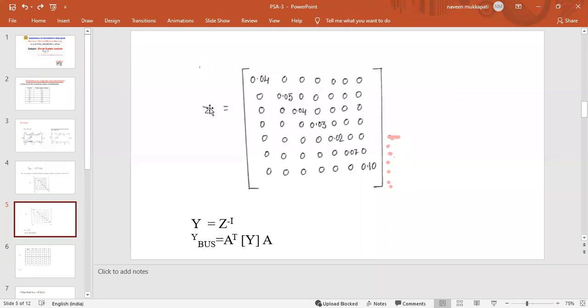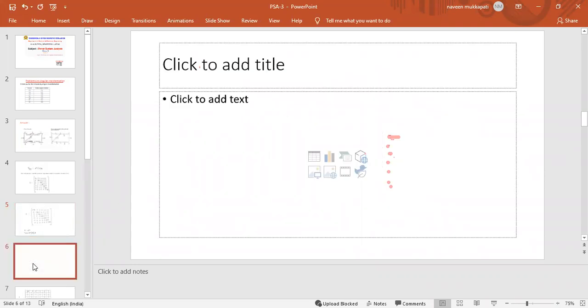First of all, we determine the primitive impedance matrix. Then we determine the primitive admittance matrix, that is Y. After that, we determine the A matrix and also the A transpose matrix. How will we determine the A matrix? That was explained in the last classes.